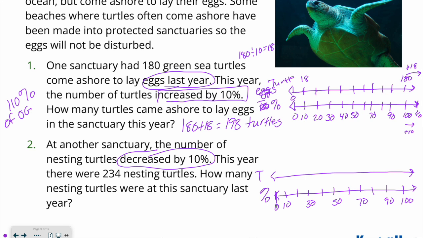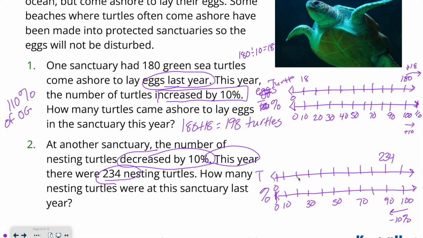Gotta remember to put my 0 on there. There were this year 234 nesting turtles. And we were decreasing it 10%. So that means the 234 would go at 90%.